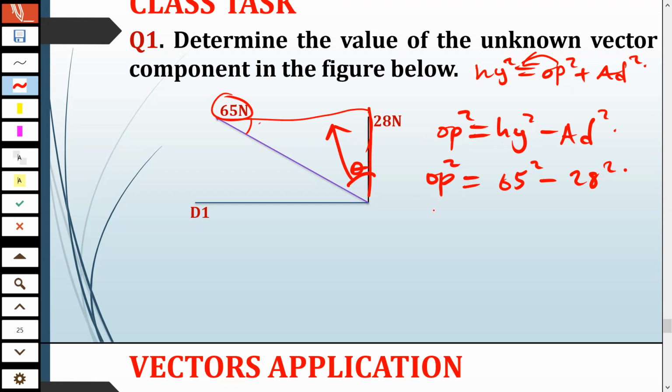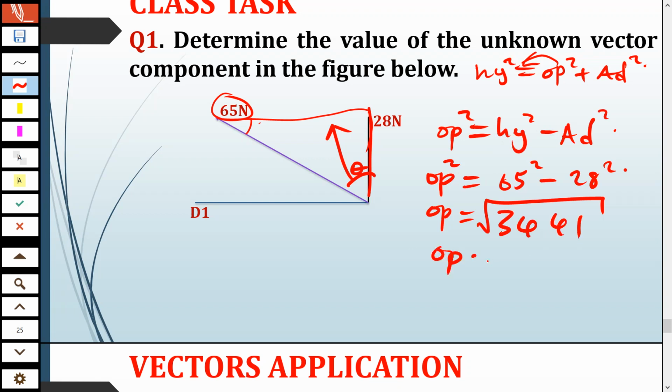So the opposite is going to be the square root of 65 squared minus 28 squared, which is the square root of 3441.